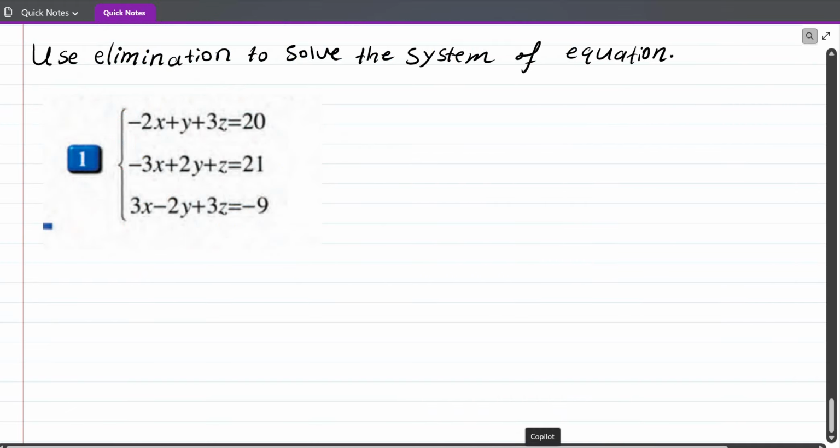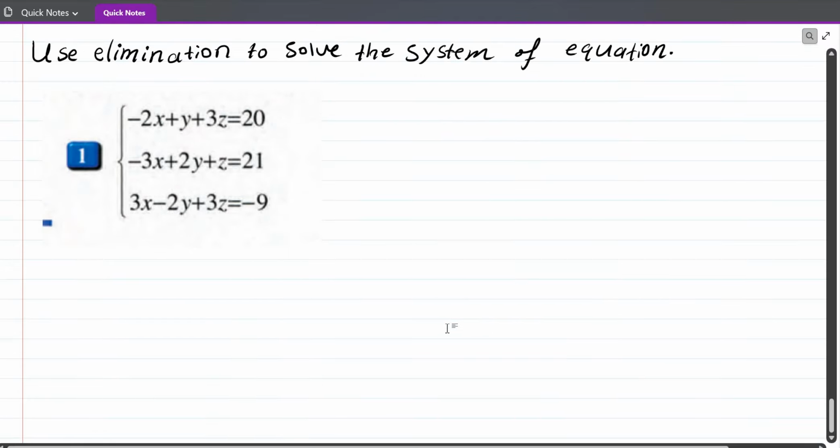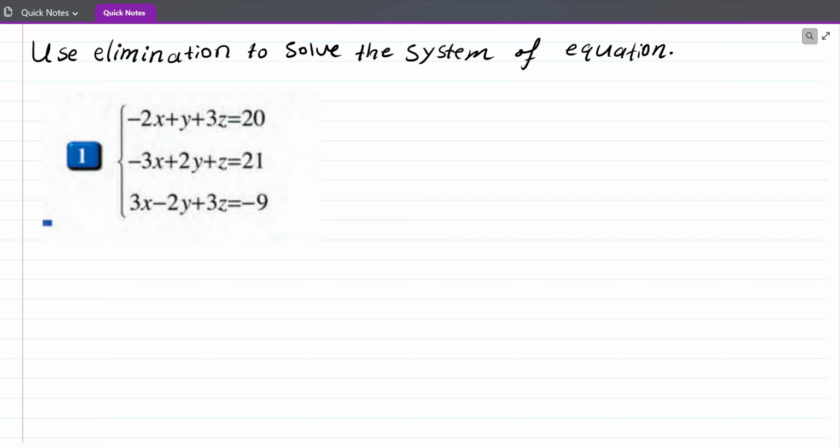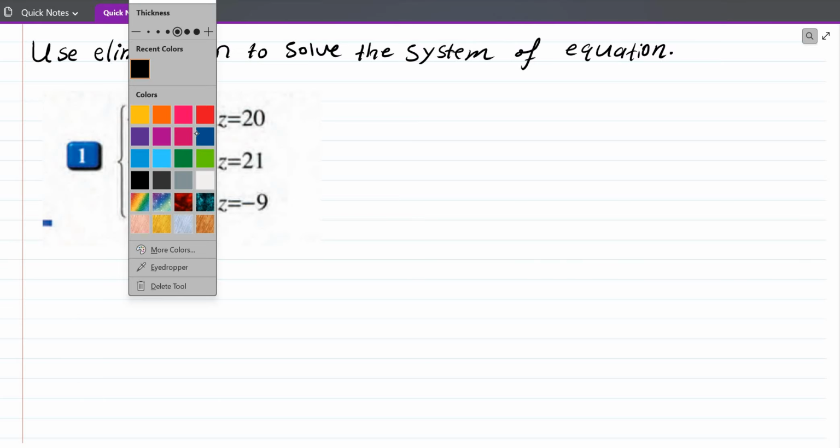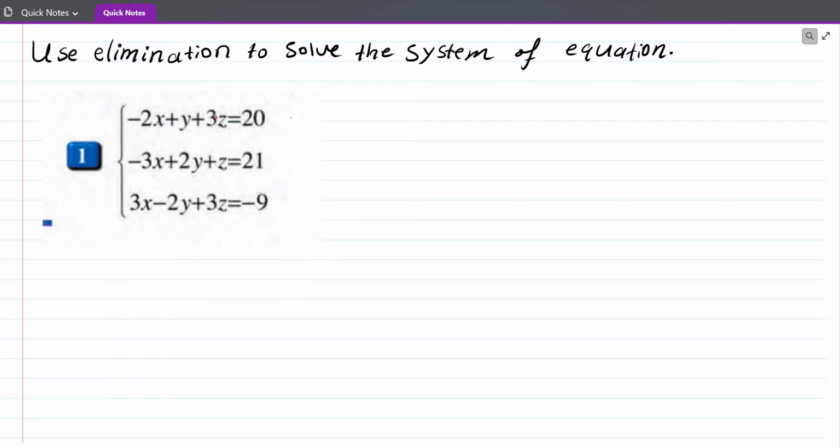Okay, dear students, right now let's get started. We say that first step is to label each equation as equation 1, 2 and 3. So this is equation 1, equation 2, and this is going to be equation 3. I will pick two equations as I like.